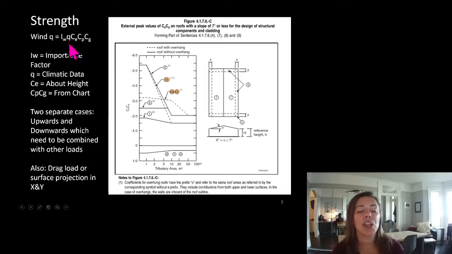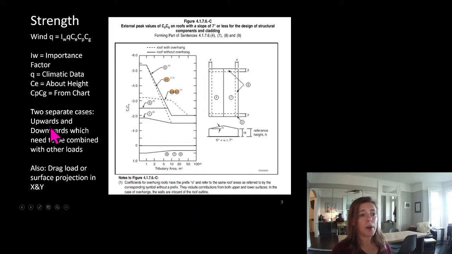We have our Q, which is our 1 in 50 year wind load that we look up in our climatic data tables. CE is our exposure factor. So if this is a canopy on the 30th floor of a building, it's going to have a higher CE factor than a canopy on the lower floors. And then CPCG, we would be pulling from this, and within that is embedded the gust factor.